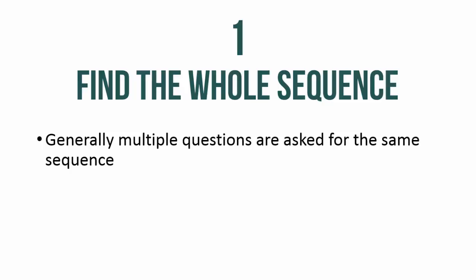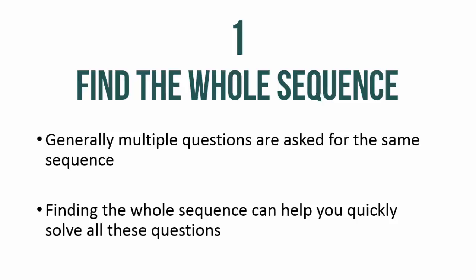For example, in the example that we just solved in the previous slides, we were given the relationship between the marks of A, B, C, D and E. Now after this relationship, typically the IBPS is going to base 3 or 4 questions on the information that was provided. Therefore, if you find the whole sequence, that will help you quickly solve all the questions that follow.